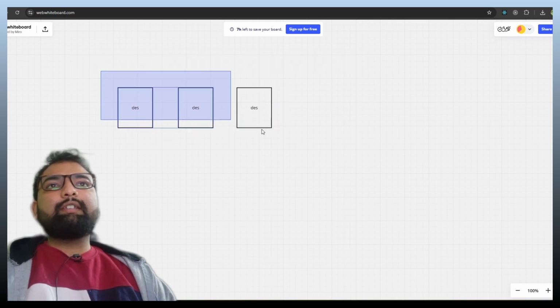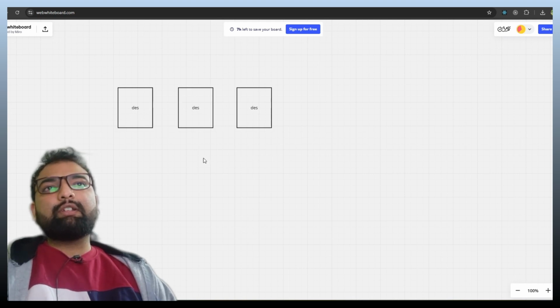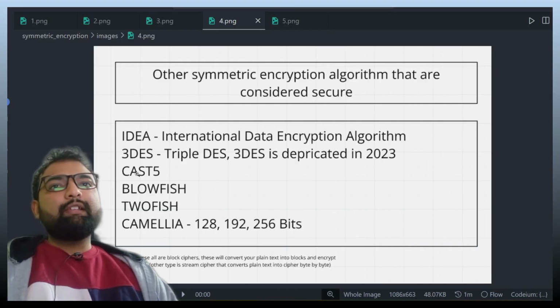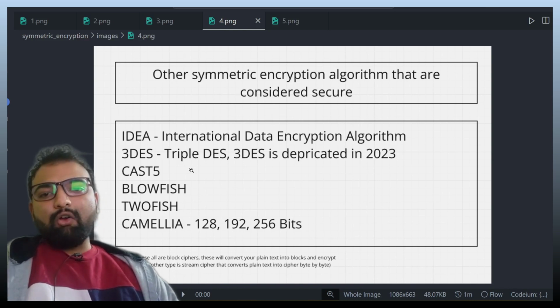So the DES algorithm is applied three times. We send our plain text in, it is converted to ciphertext with DES, then again the ciphertext is converted with DES, and DES again. So three times we use DES. That is our triple DES. Then there are CAST5, Blowfish, Twofish, Camellia. These are all symmetric encryption algorithms.